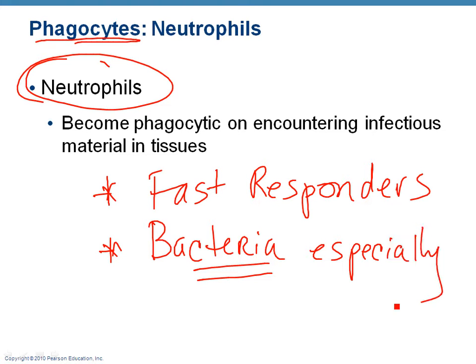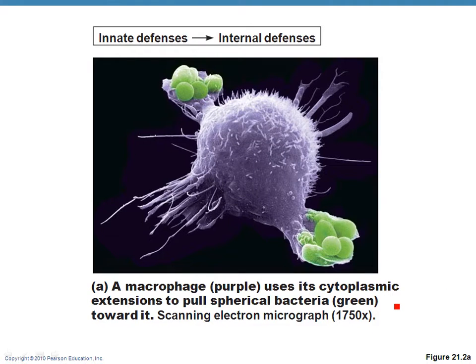So if you have a cut, a burn, whatever, damage to a tissue that has allowed microbes to invade, these neutrophils are the first white blood cell type that tends to swarm out of your bloodstream and attack these invading organisms. Macrophages tend to be a little bit slower in responding, but their response will last longer. They tend to be more persistent.